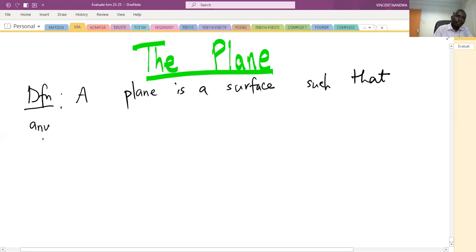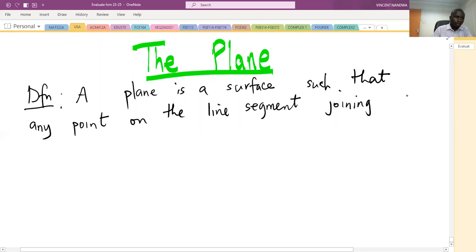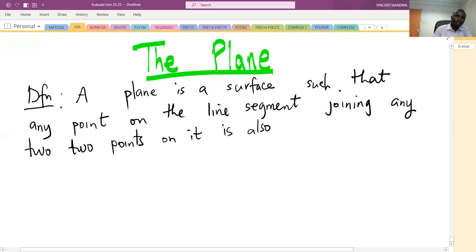any point on the line segment joining any 2 points on it is also a point on it.